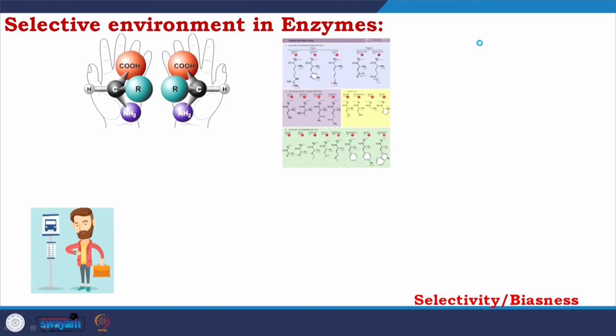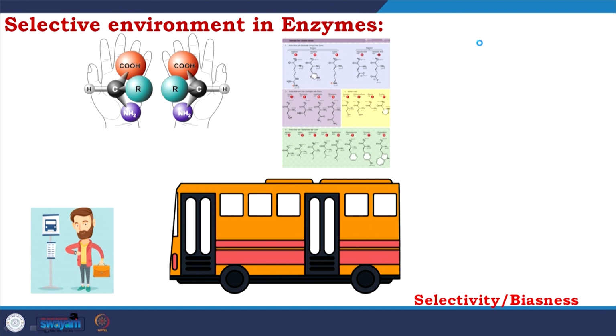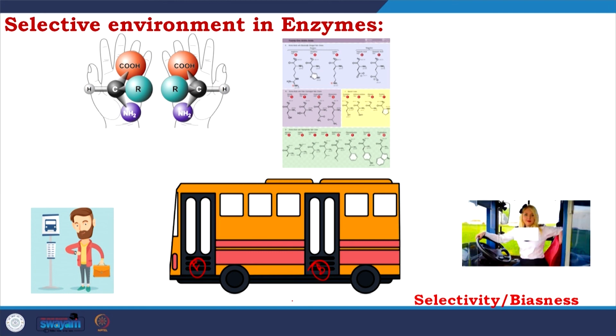Here I am going to tell an interesting story. You look at this person who is waiting at the bus stop. The bus appears, the bus has 2 doors, front door and back door. The guy could use both doors, with equal chance.